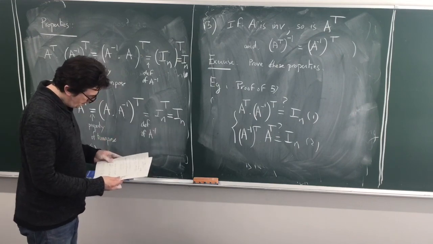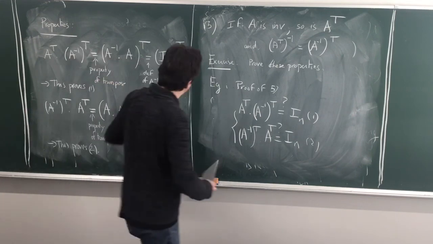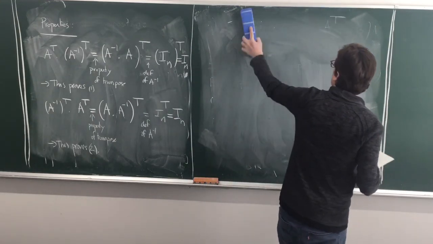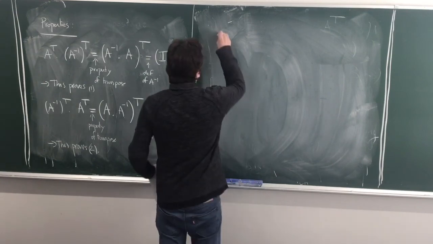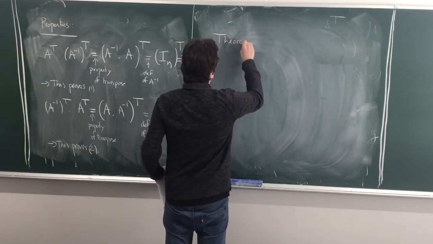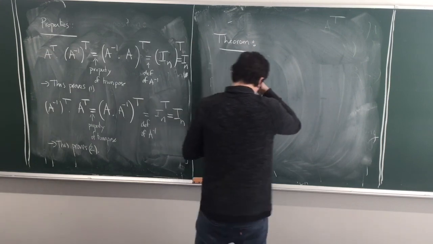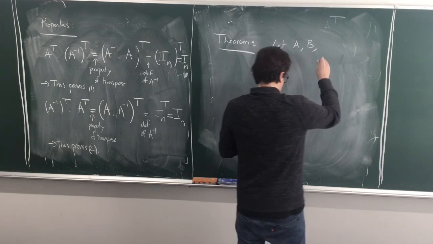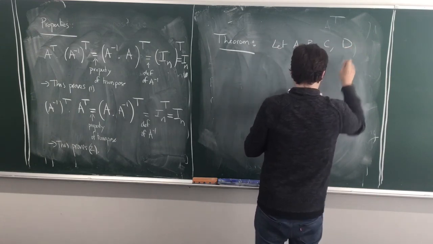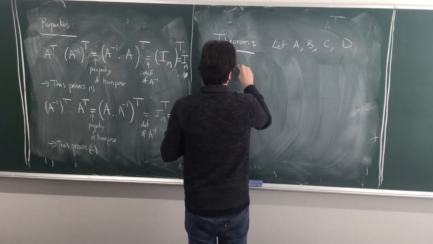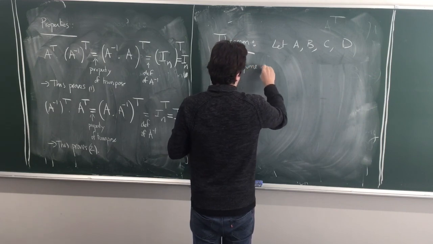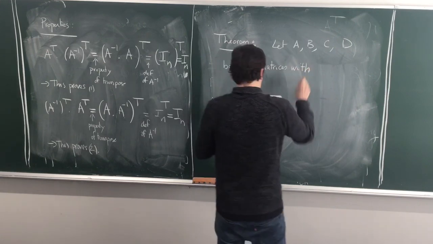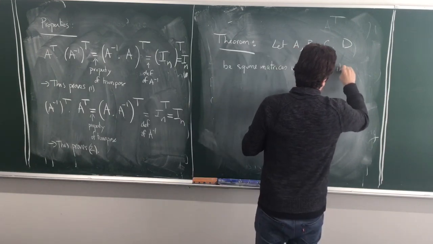Okay. I think one more theorem, which is quite useful. Theorem: let A, B, C, and D be square matrices with A invertible.